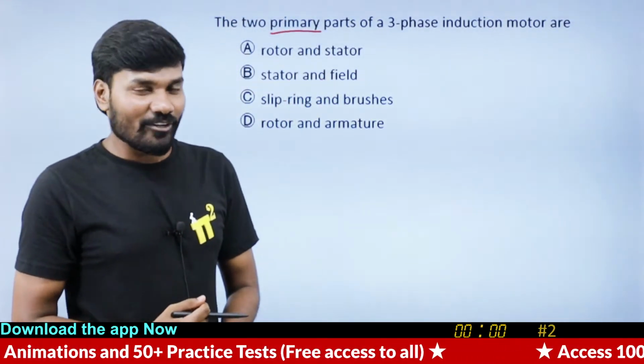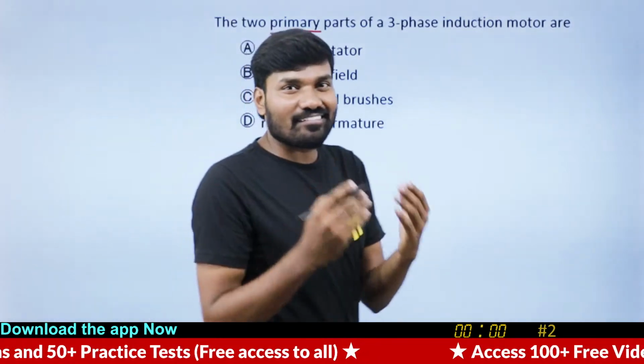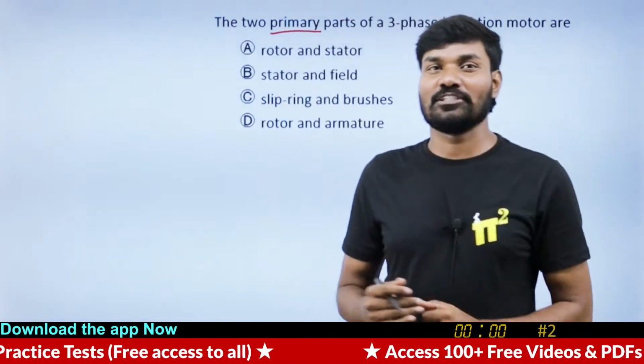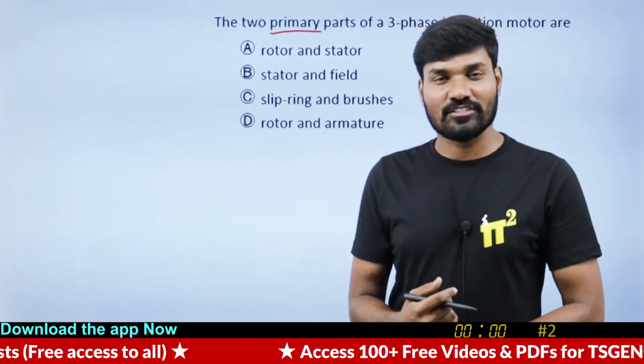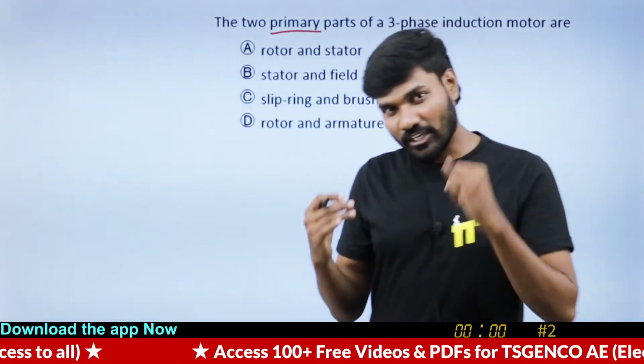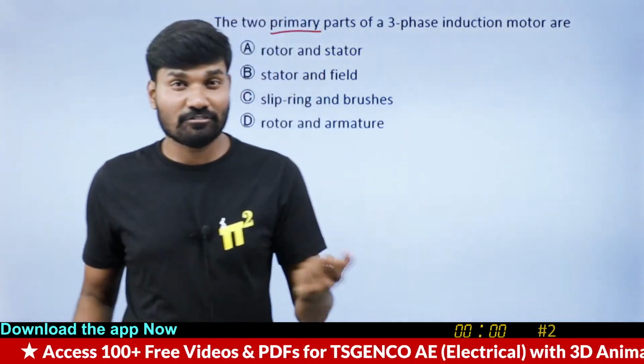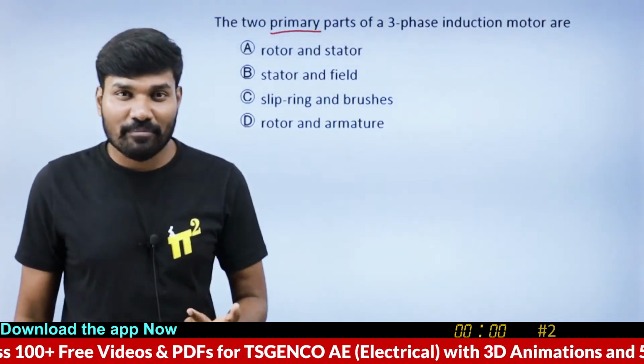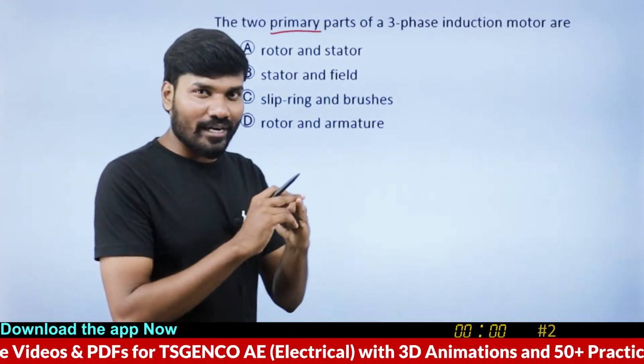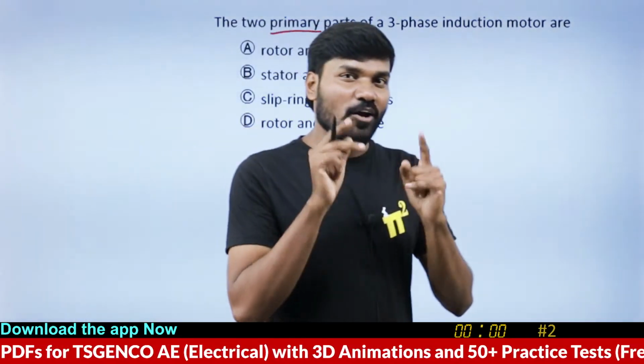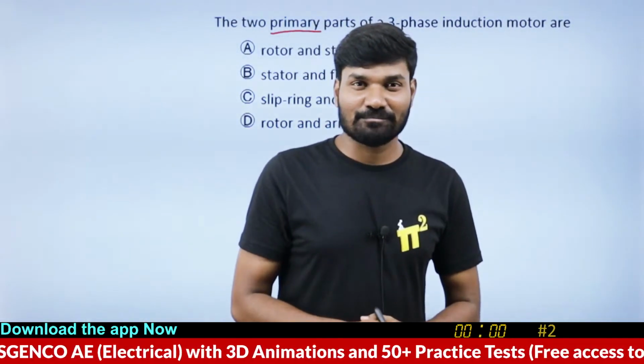The reason why we never discuss armature reaction in case of induction machine, that's one of the interview questions. In case of synchronous, we'll discuss armature reaction. In case of DC machine, we'll discuss armature reaction, but not in case of induction machine. Why? Because the armature winding and the field winding both are stator winding only.